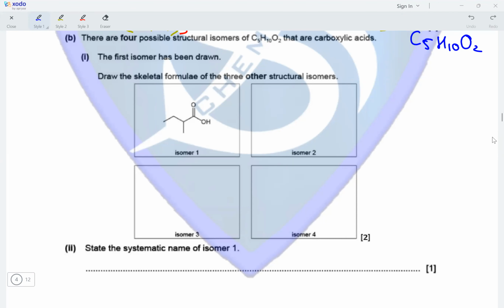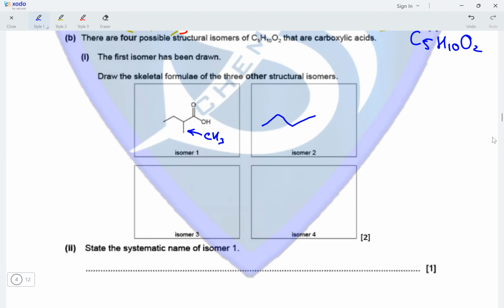There are four possible structural isomers of C5H10O2 that are carboxylic acids. The first isomer has been drawn. Draw the skeletal formula of three other structural isomers. So, if we look at this structure, we can actually shift the substituent group, this CH3, from the second position to the third position on the straight chain.